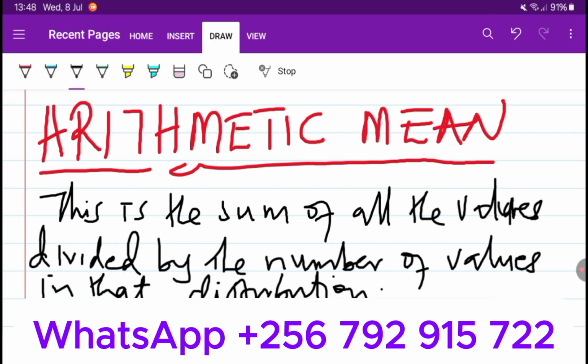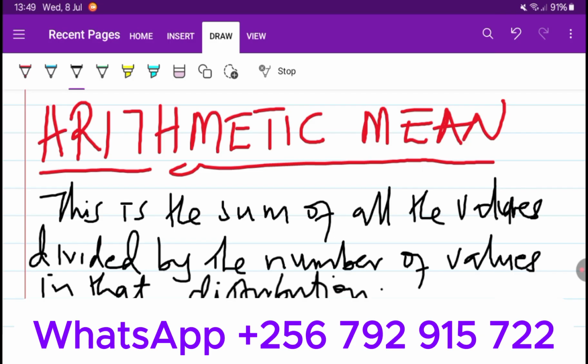So mean is a method of representing the whole data in a distribution by just one value. So it is one of the methods under the measures of central tendency that can help us to represent the whole data set that has been given to us in that distribution by just one value or a single value, and we call that value the central point or the average.